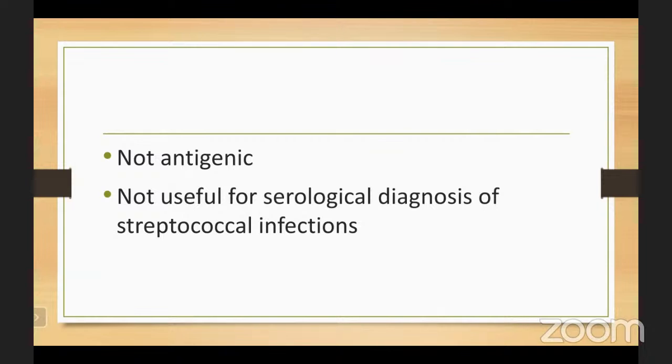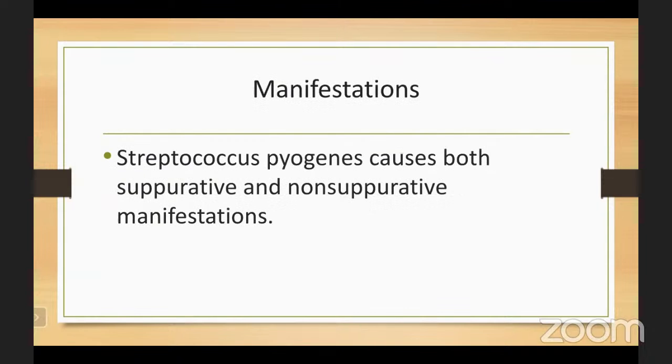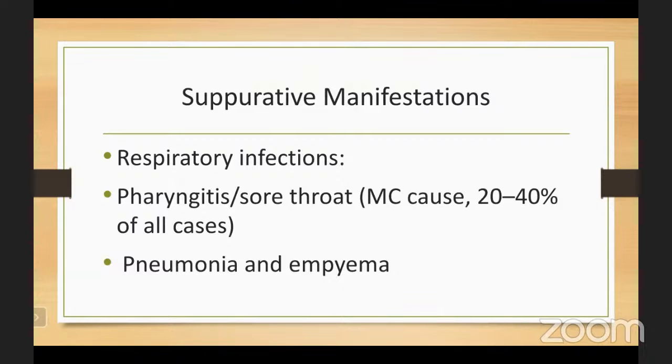Next one is the manifestation. Streptococcus pyogenes causes both suppurative and non-suppurative manifestations. First one is the suppurative manifestation. Under suppurative manifestation, first one is respiratory infection. In respiratory infection, it will cause pharyngitis, inflammation of the pharynx or sore throat. It is the most common cause, 20 to 40% of all cases.